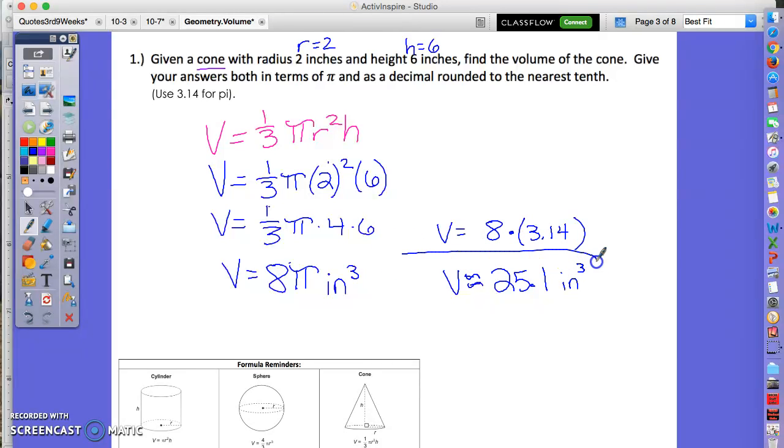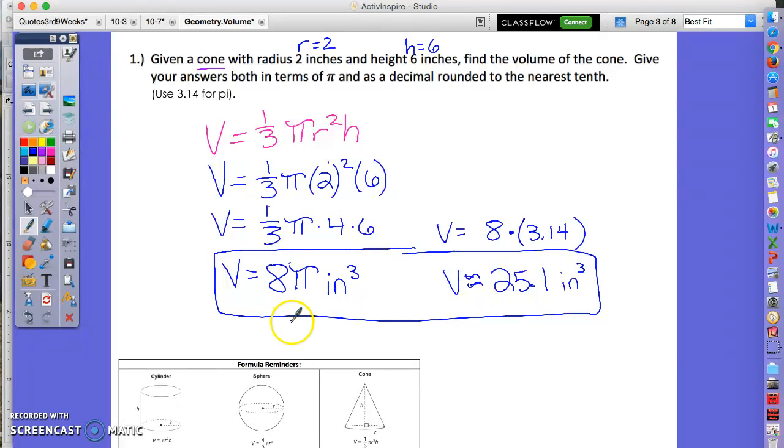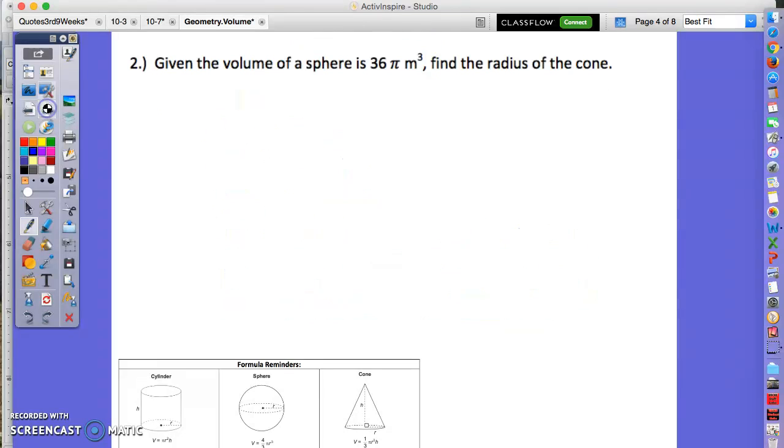So both of these are answers that we would want. One is in terms of pi, and the other one is rounded to the nearest tenth. I should specify that since it says use 3.14 for pi, you should not use the pi button on your calculator. Instead, you should actually use 3.14. It will keep your answer close, but if you use the pi button, it might be slightly off.